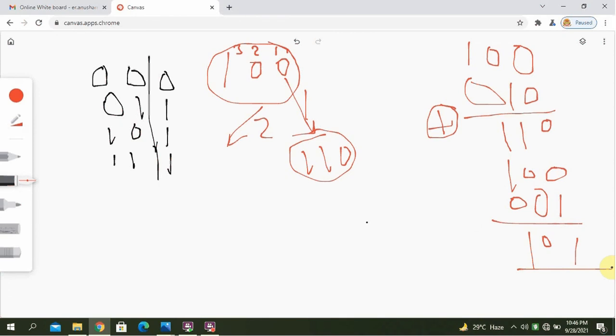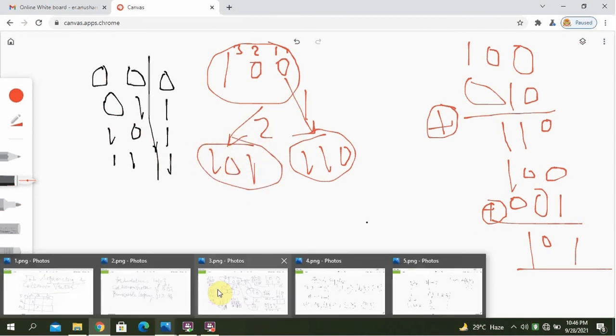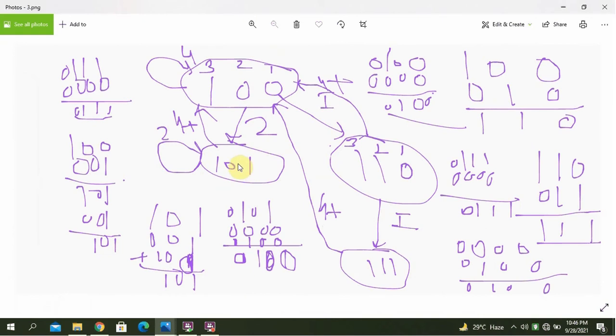This vector is then bitwise ORed with the collision vector 1 0 0 to produce a new collision vector, that is 1 0 1.